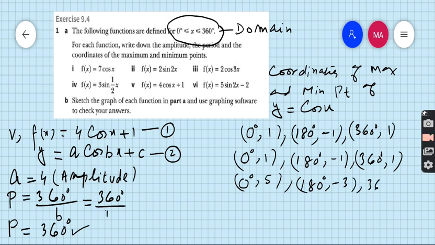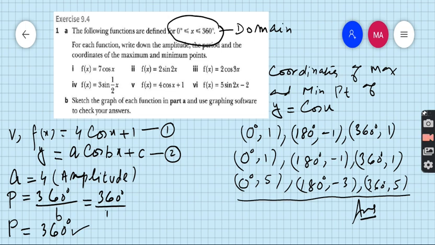And for 360 degree, put x as 360 degree in equation 1. Cos 360 degree is 1. 4 times 1 is 4. 4 plus 1 is 5. So these three coordinates are our answer. These are the maximum and minimum points of the function.